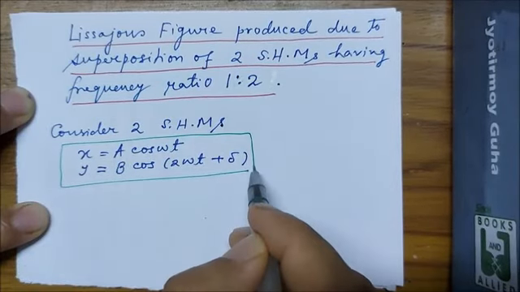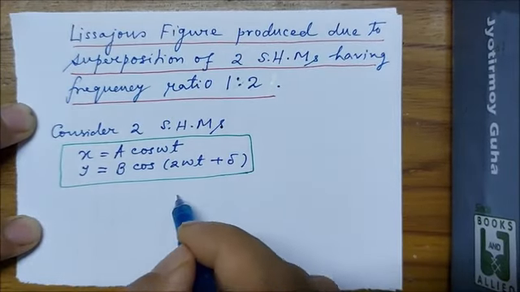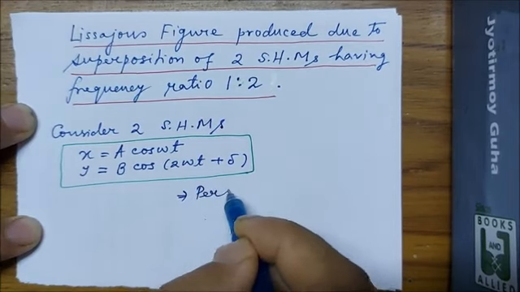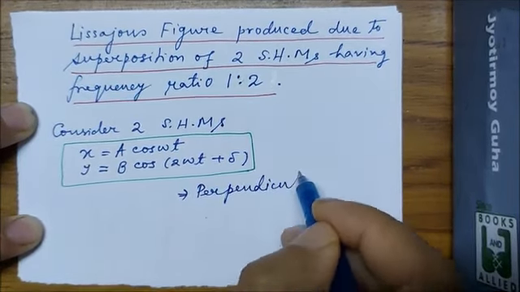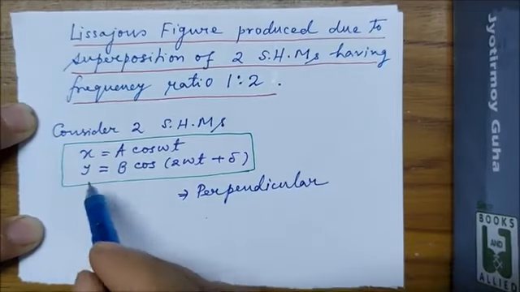So this means the motions involved are perpendicular to each other, one along x and the other along y.